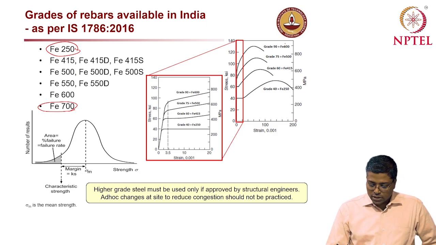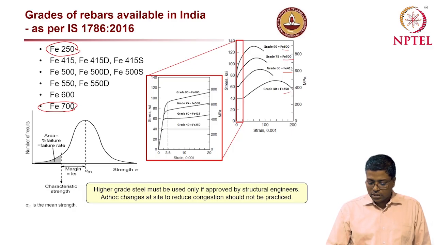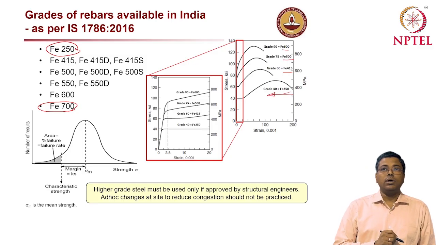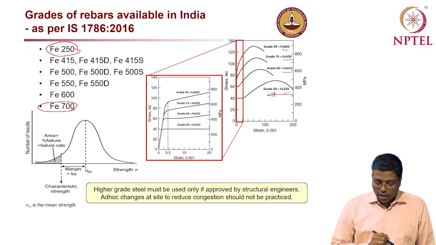So here you can see the different grades, Fe600, Fe500, 415, 250, and the stress strain behavior of these materials. Generally you can see that as the yield strength increases, the ductility, or the end of the graph, is moving towards the left, or in other words the ductility of the rebar is reducing as we go for higher and higher strength.